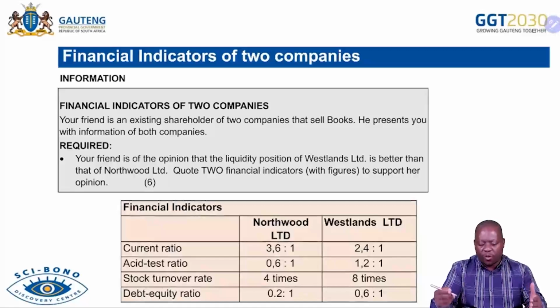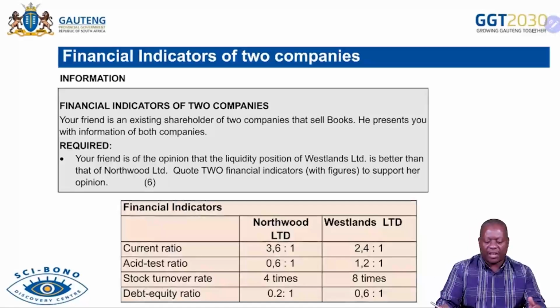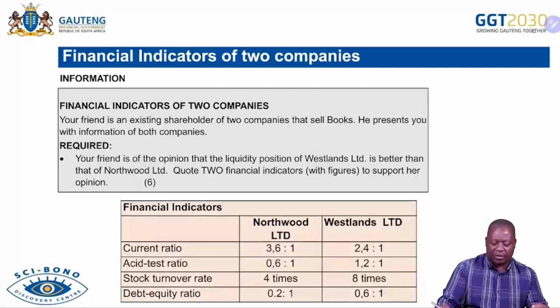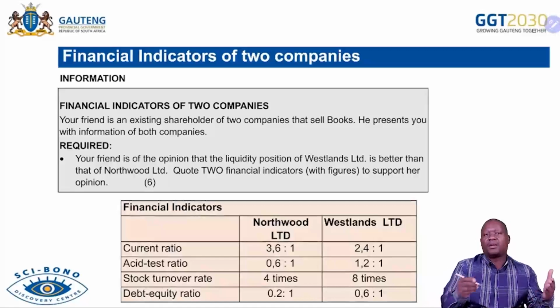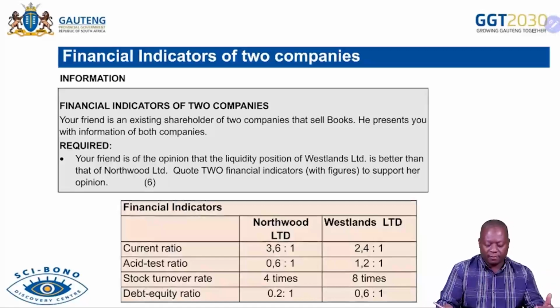Let's see which one of the two companies is having the best of indicators here. I still remember someone who asked me the same thing as you are going to ask me now. Why can we say Westland Limited is having a better current ratio than Northwood Limited?